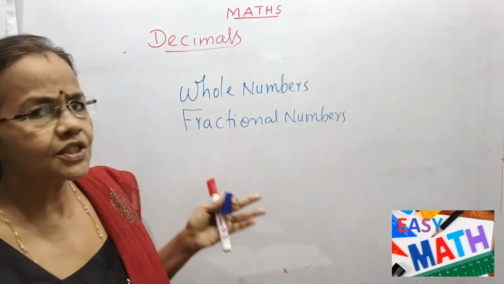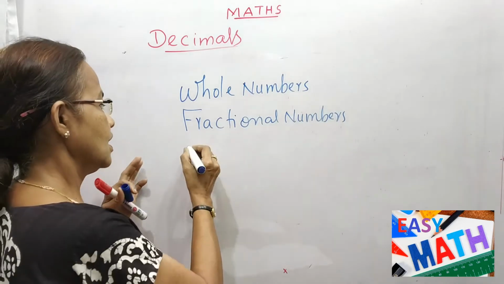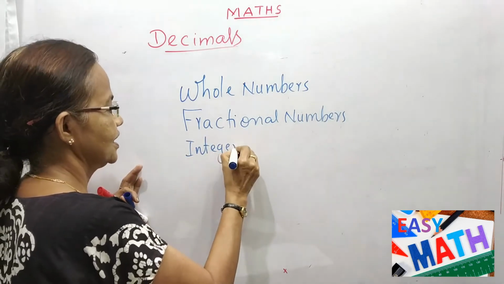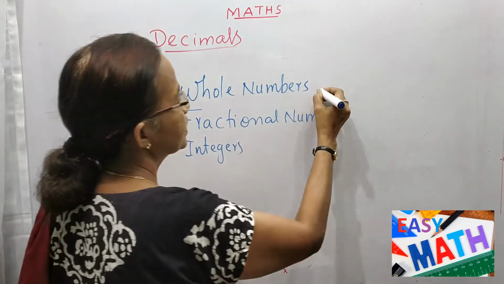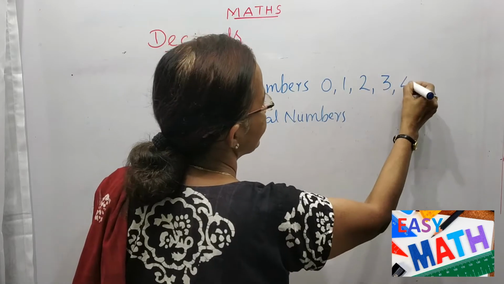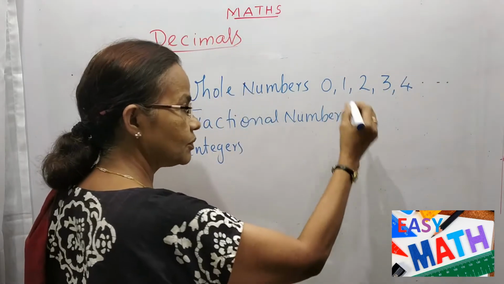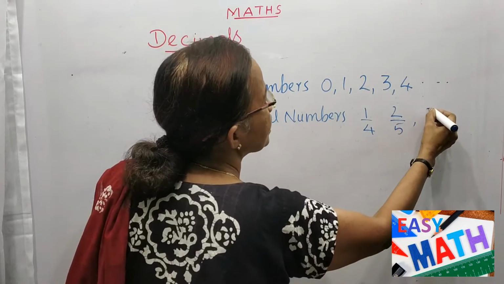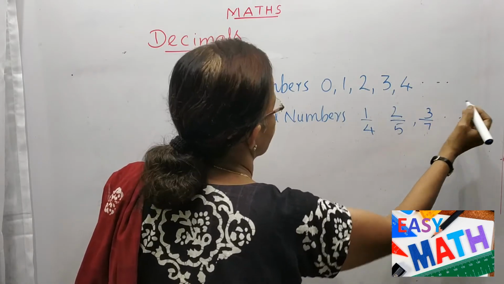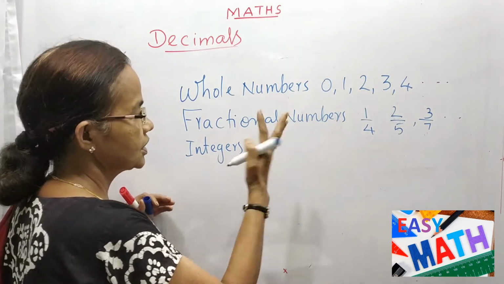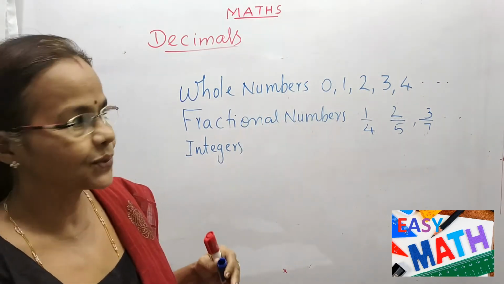And 6th standard students learned the integers also. For whole numbers, that is 0, 1, 2, 3, 4, etc. Fractional numbers also you know, that is 1 by 4, 2 by 5, 3 by 7, etc. And integers also, the 6th standard students know, but 5th standard don't know.